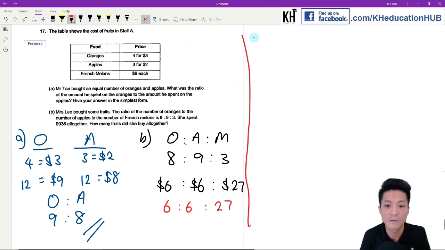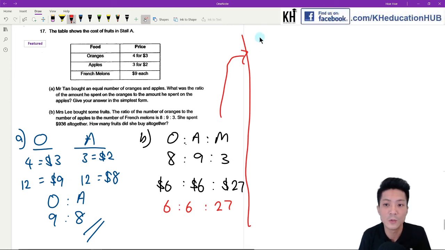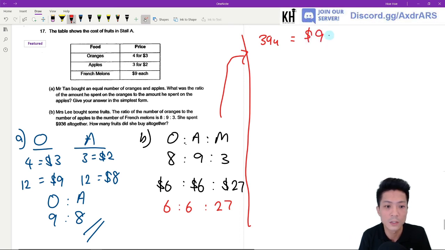If I continue over here, 6 plus 6 plus 27, 39 units, or you can call it parts, is equal to 936.